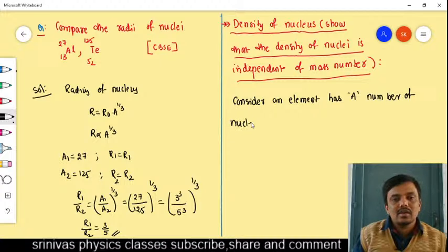Actually, number of nucleons means mass number only. Mass number is called the number of nucleons. You know very well, no? Consider an element that has capital A number of nucleons.